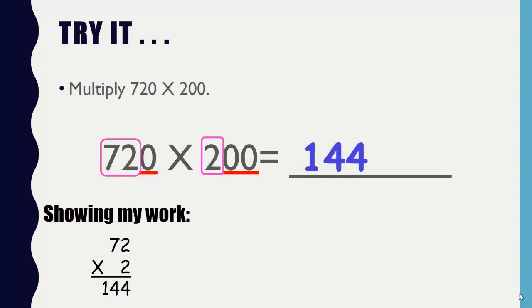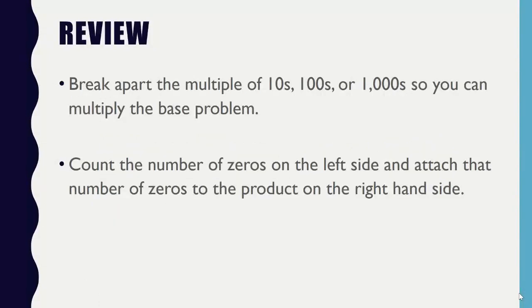Those 3 zeros on the left, I'm going to place them on the right-hand side as well. So my final number sentence is 720 times 200 is equal to 144,000.